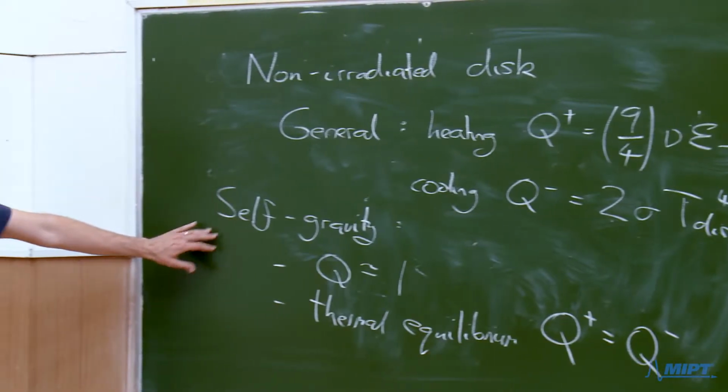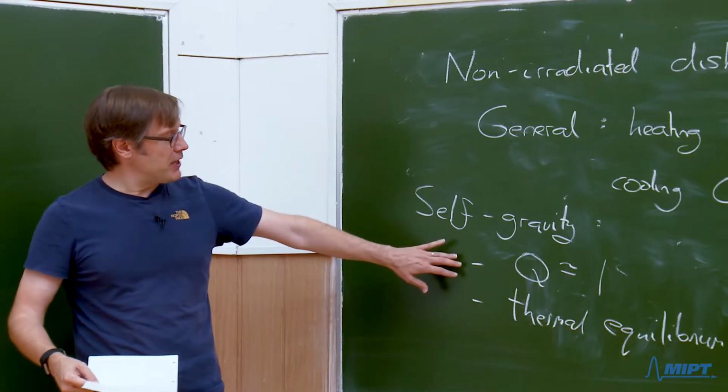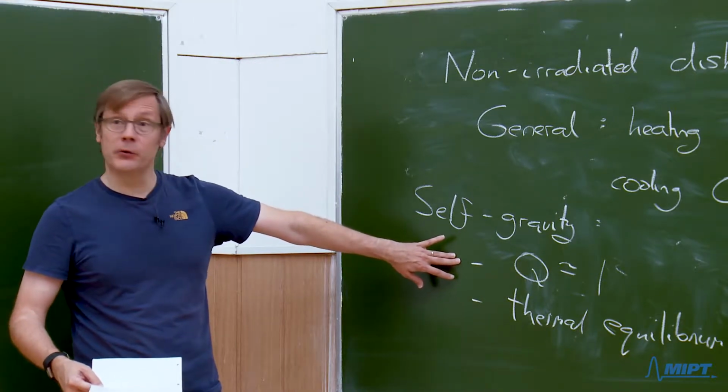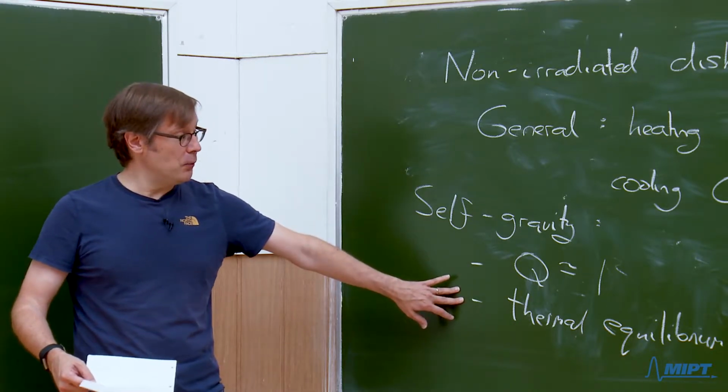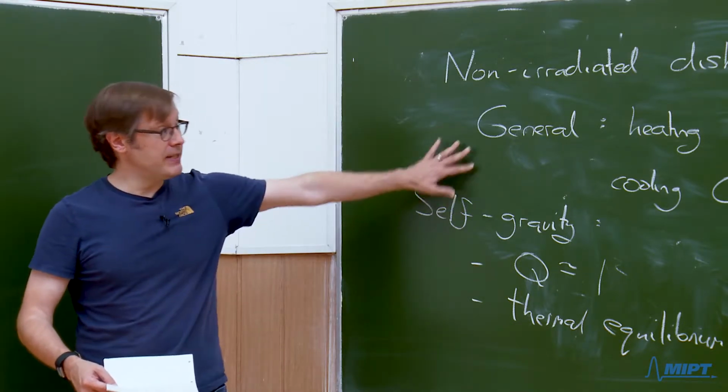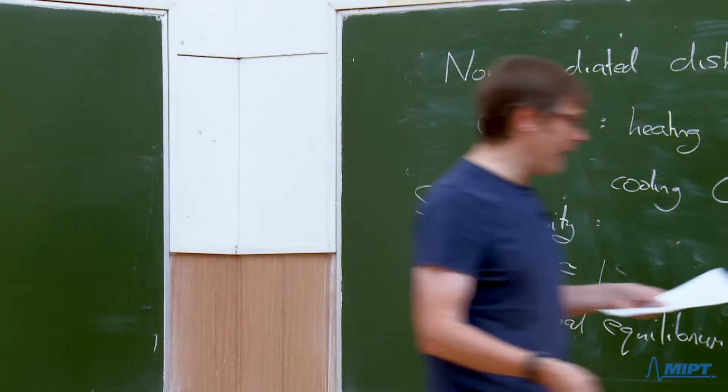Okay, so we're sketching out how this argument works. We know that Q must be of order unity if self-gravity is to be important for transporting angular momentum. We assume that we're in thermal equilibrium, so these heating and cooling processes balance.